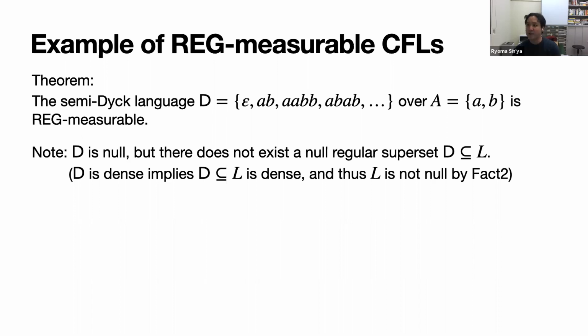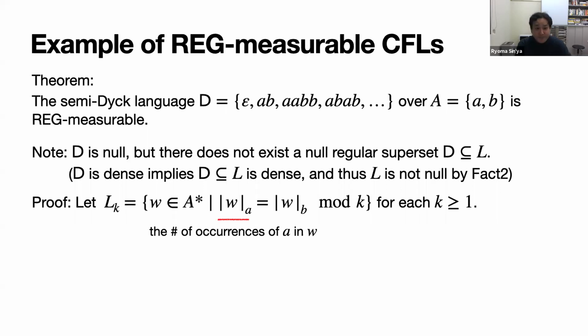But this theorem states that we can take arbitrarily precise upper approximations of D. So let's see it. Define the language L_K in this form. Here |w|_a represents the number of occurrences of a in w.